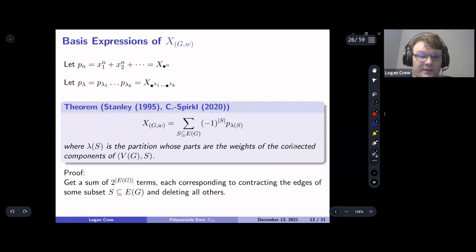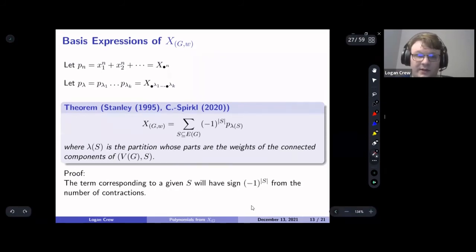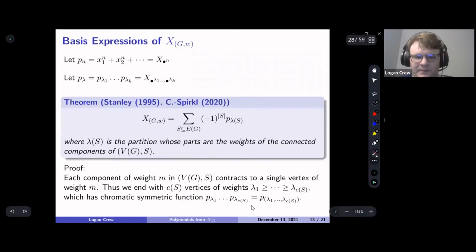And how could we prove this? It's going to be the same proof method. We're going to delete and contract using the vertex weighted version of deletion contraction. And we're going to get this sum corresponding to contracting the edges in the subset S. We are going to have that same sign. But now when we have reduced it to having no edges left, each component that had weight m in this with these edges is going to contract to a single vertex with that weight m.